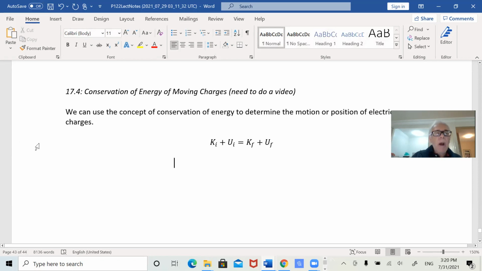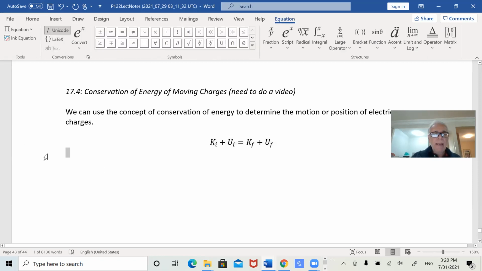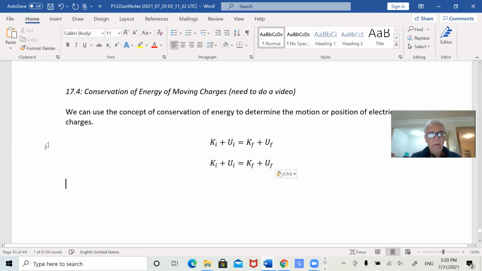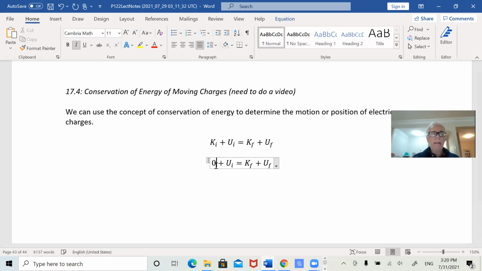For that specific problem, the initial kinetic energy is 0, so you can erase that.